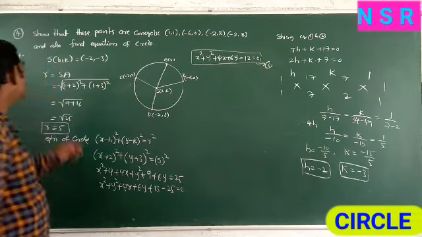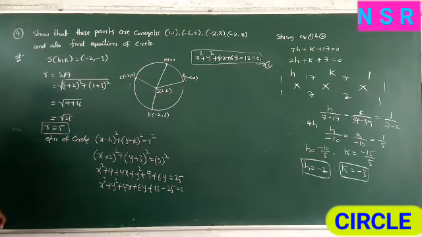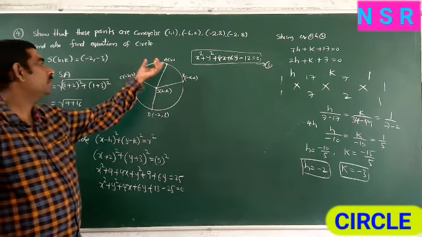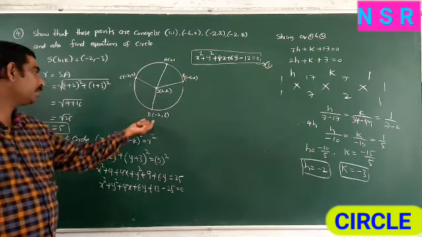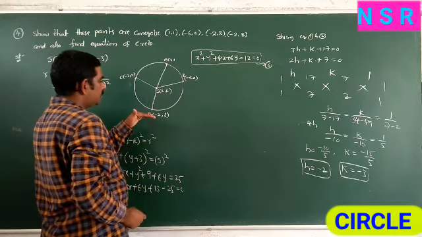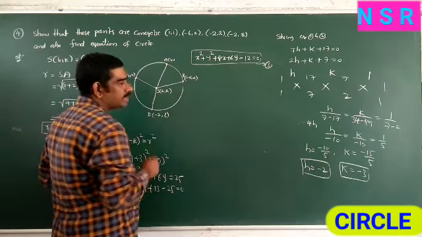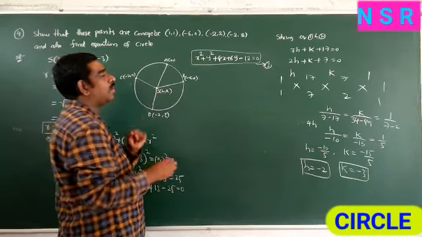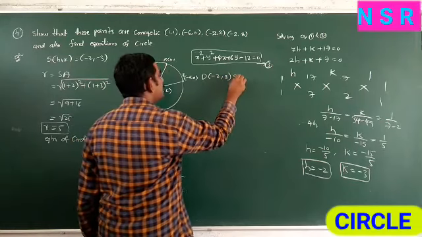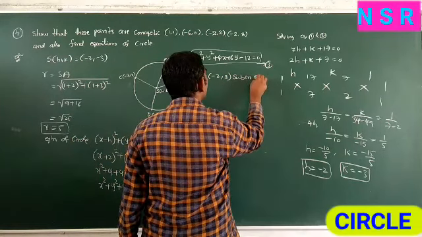Now we have to show that the given points are concyclic points. Already we considered SA equal to SB equal to SC. The remaining point is D. Now substitute point D in this circle equation; if this point satisfies the circle equation, then the given points are concyclic points. Now D is minus 2 comma 8; substitute in equation 3.